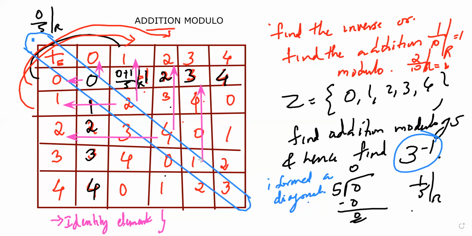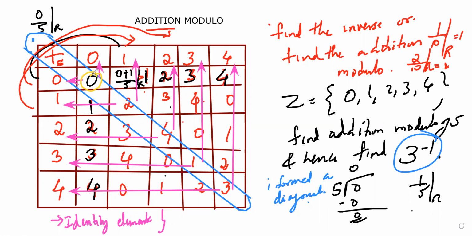Or is this 1 the same as this 3 and 3? No, right? Or is this 3 the same as this 4 and 4? No. So which is the one which is the same? 0 is the same. So 0 is the identity element.